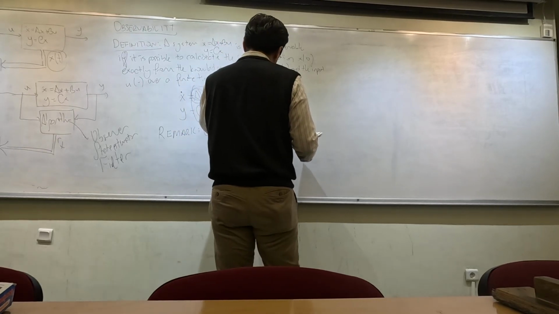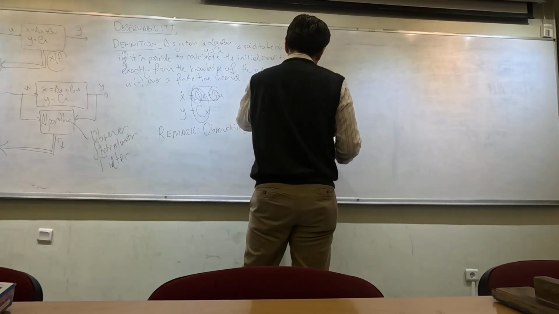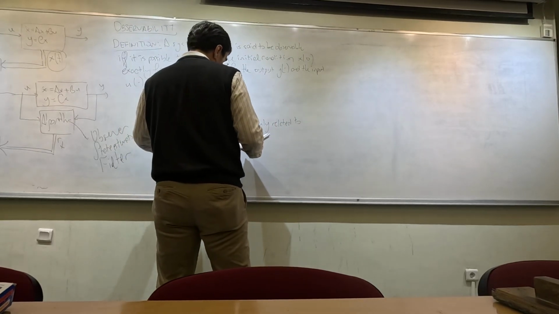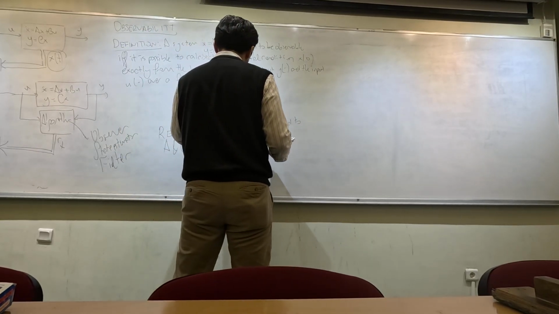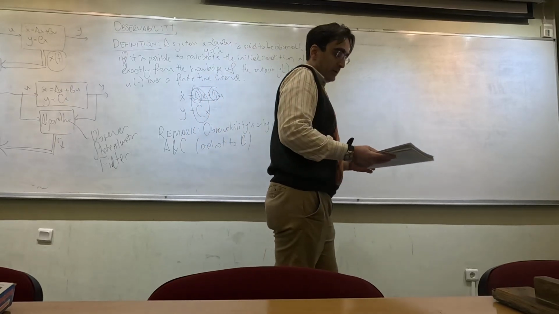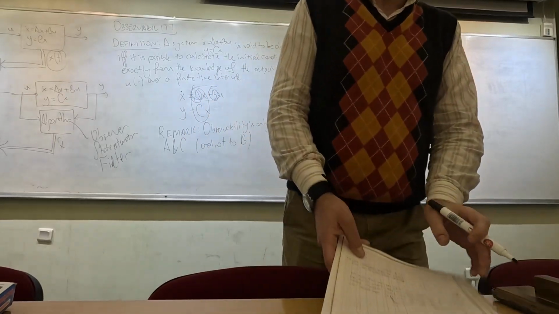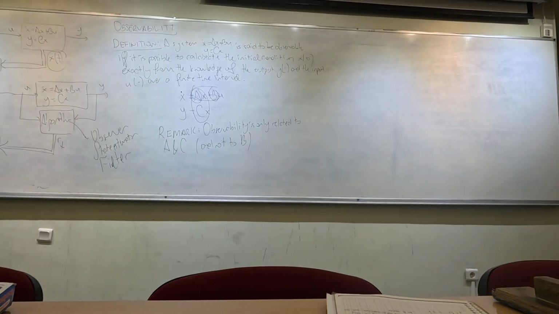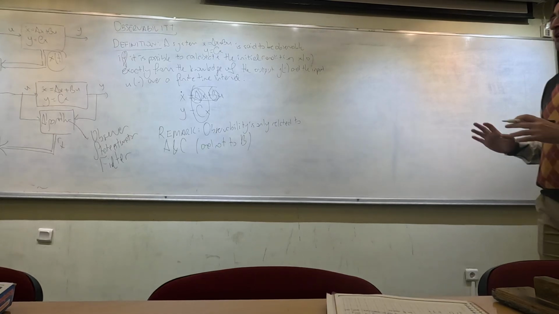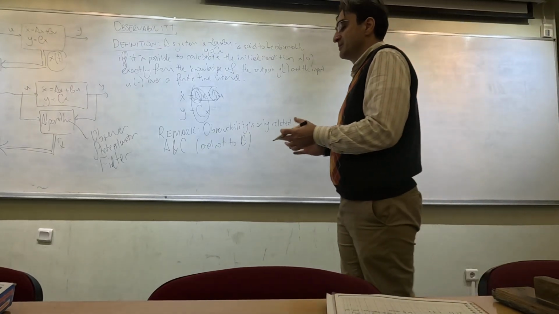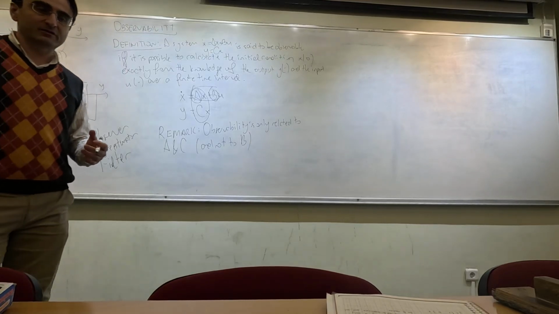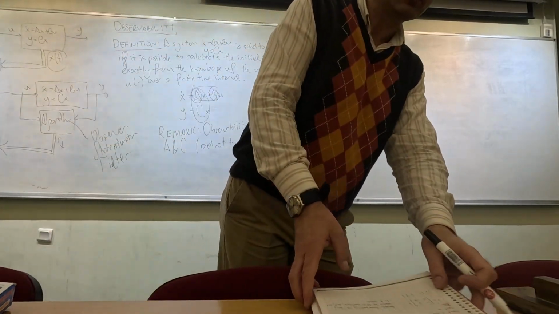Observability is only related to A and C and not to B. That means that while trying to understand the observability of a system, we only have to look at the A and C matrices, and we can determine whether the system is observable or not. We don't really have to know what B is for talking about observability.